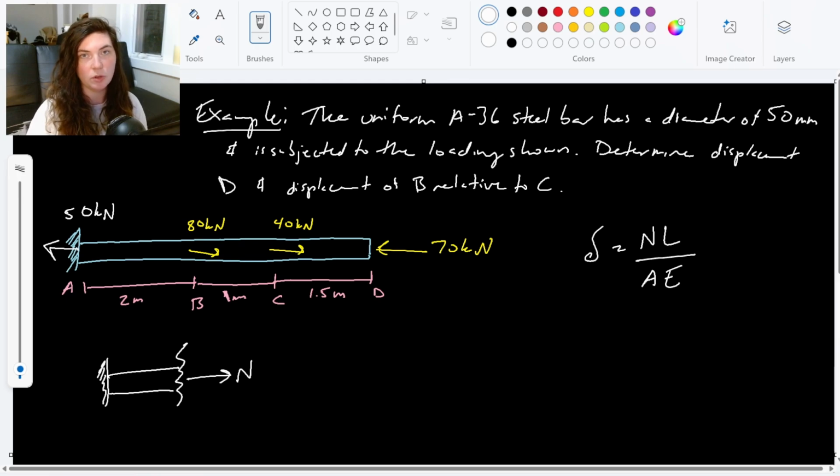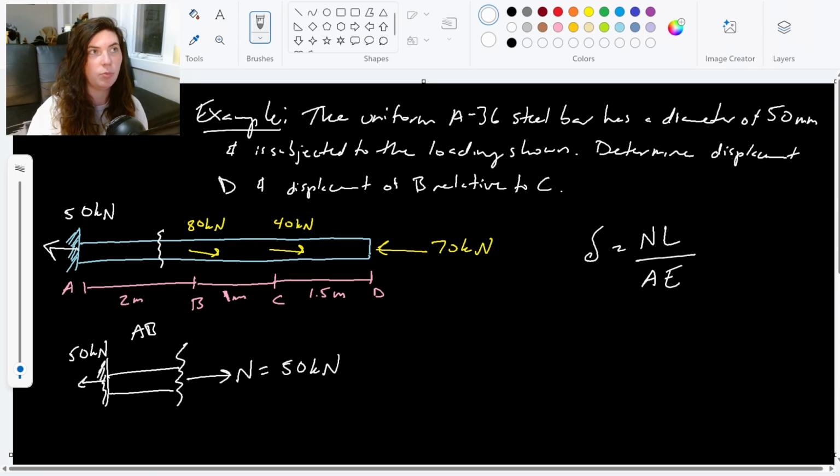I need it to be in equilibrium, zero it out. So I have a reaction here of 50 kilonewtons at A, just from statics. So that tells me that my normal force through section AB, when I cut it right about here before I actually hit B, is going to be 50 kilonewtons.